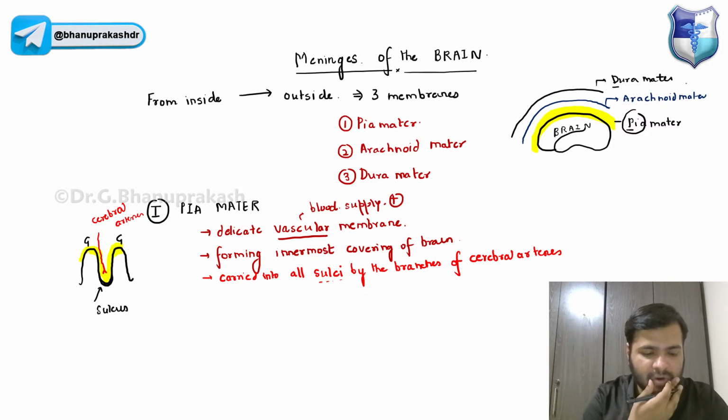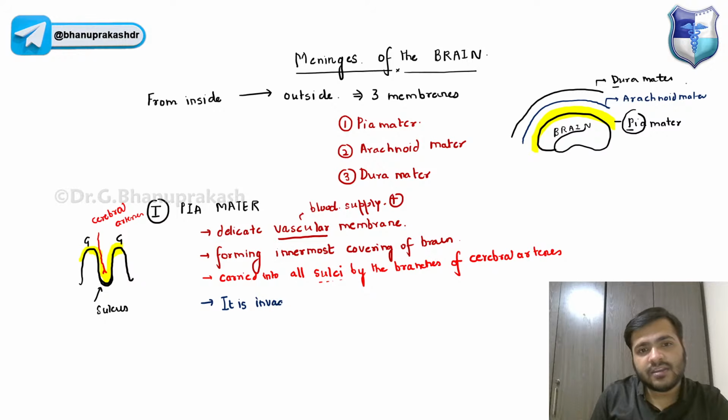Now guys, one more important thing that you have to mention over here, and that we have repeatedly discussed before as well. You already know it is invaginated below the body of the fornix.